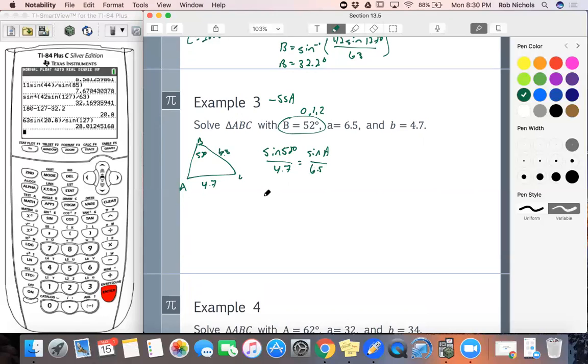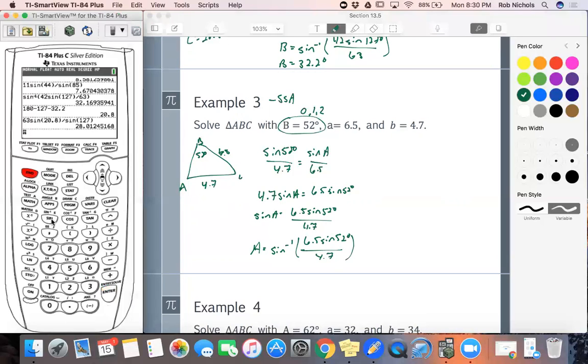All right, cross multiply. So I have 4.7 times the sine of A equals 6.5 times the sine of 52 degrees. So the sine of A equals 6.5 times the sine of 52 degrees over 4.7, and then taking the inverse sine of both sides, we have this expression. Let's calculate it: inverse sine of 6.5 times the sine of 52 degrees divided by 4.7.